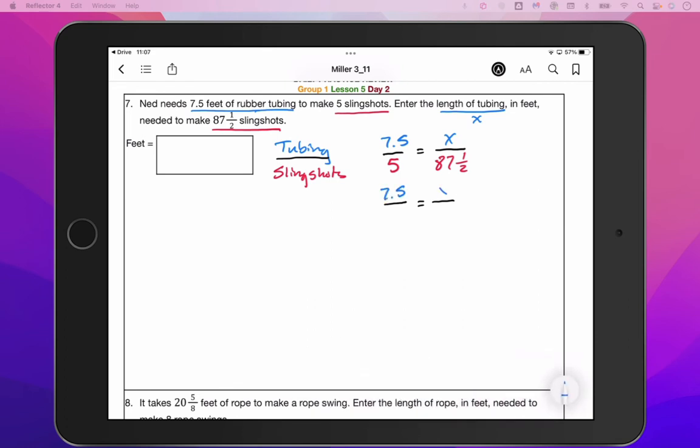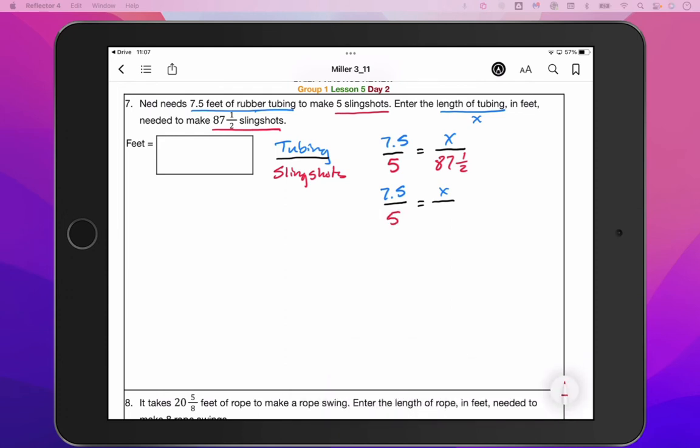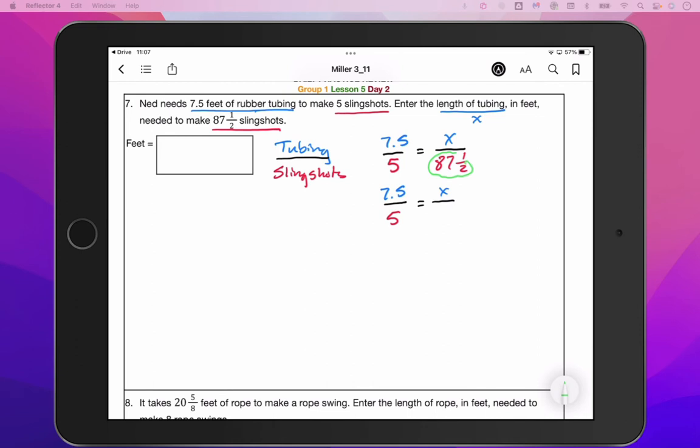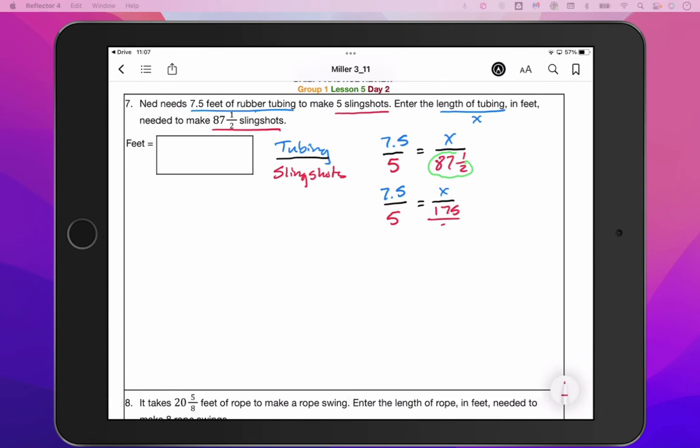So we've got 7.5 and X and 5. 87.5, to turn that into an improper fraction, we do the G method. So 2 times 87 is 174, plus 1 more is 175. Now that I've got that as an improper fraction, I'm going to do my cross multiply and divide situation. So we will have 7.5 times 175 over 2 is equal to 5x.